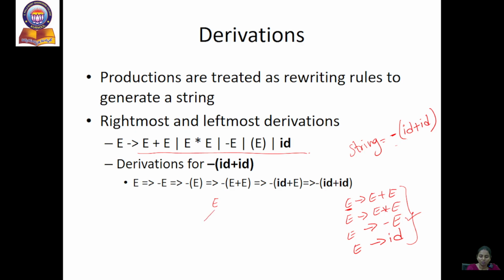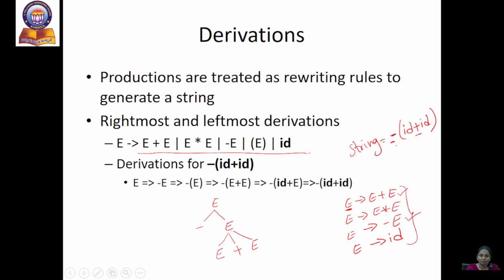So E derives minus and E. I have achieved the first character, that is minus. Now in the place of this E, I have to choose which production to substitute. In my string I have plus, not into, so I can substitute production 1 in the place of E, so I am considering E plus E.